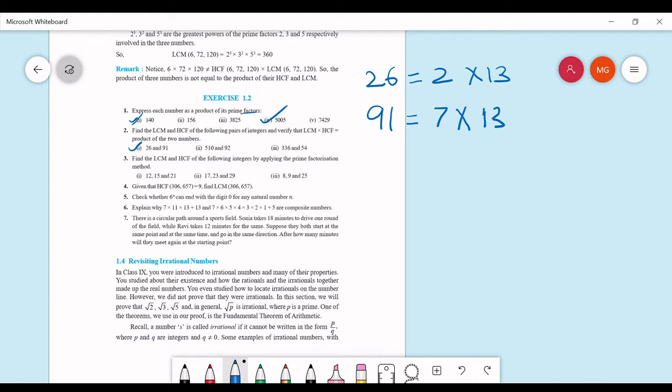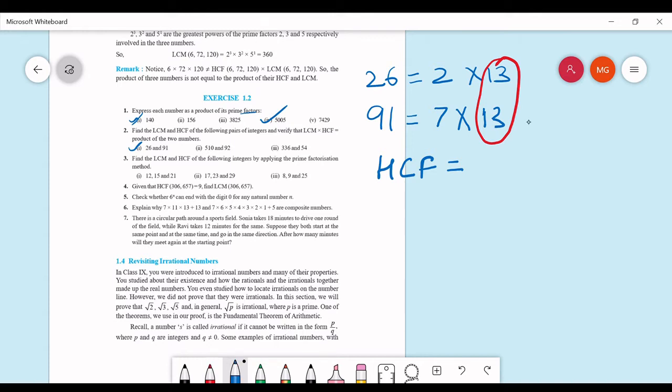Now next, find the LCM and HCF of the following pairs. So finding LCM and HCF. Let us find out HCF first, your highest common factor. So highest common factor here, you can find out that only 13 is the factor that is common, right? Only 13 is common.